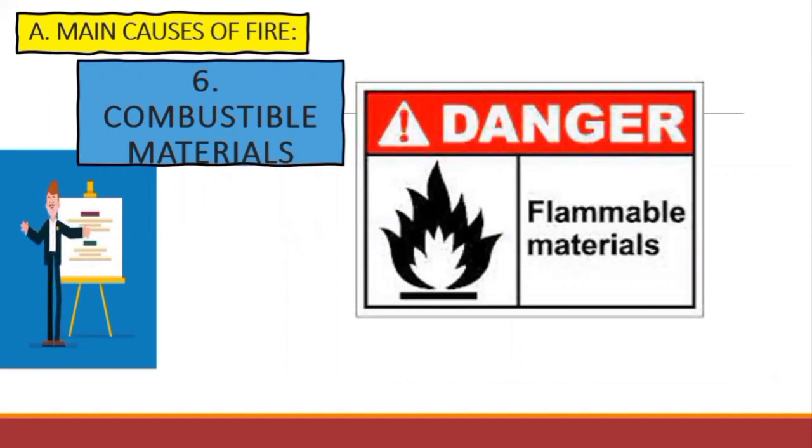There are also flammable materials. When we say flammable materials, it is below flash point of 37.8 degrees Celsius or below 98 degrees Fahrenheit. While combustible materials are with flash point above 37.8 degrees Celsius or above 98 degrees Fahrenheit, which requires more temperature before it will ignite.